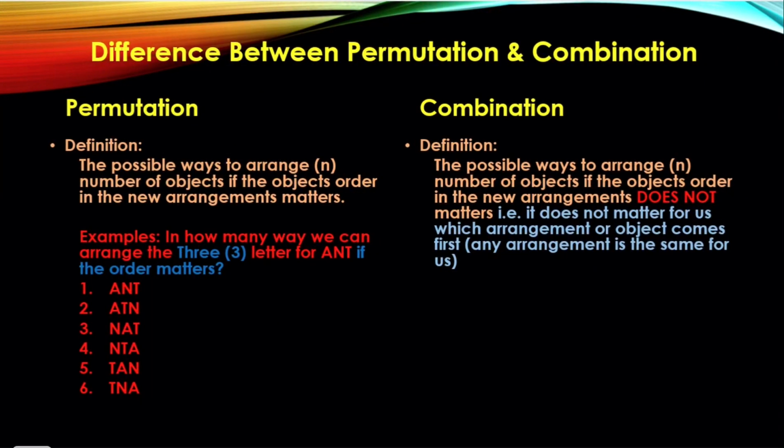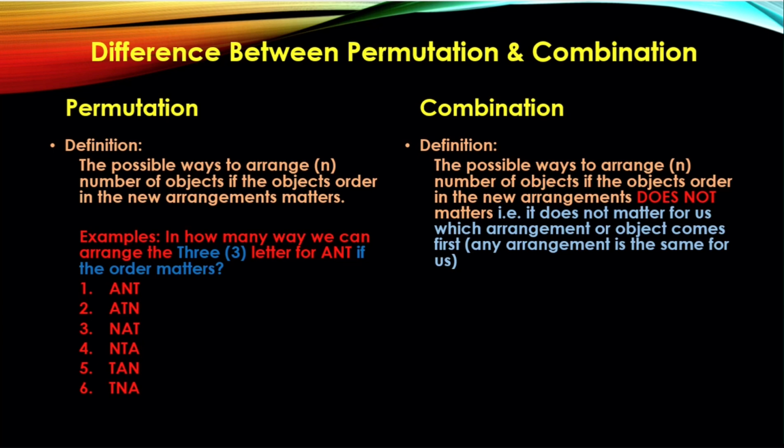Okay, so coming back to the difference between permutation and combination, we have already given the definition here and here. Here the order doesn't matter, and here the order matters. Let us give an example. I have three letters, A, N, T, and I want to put them in different arrangements.